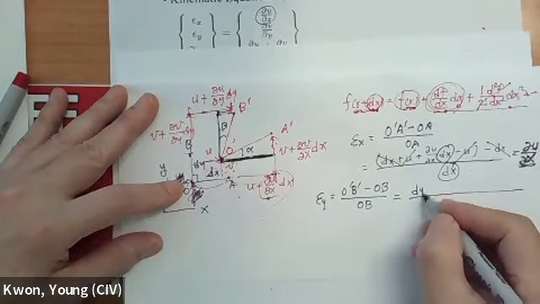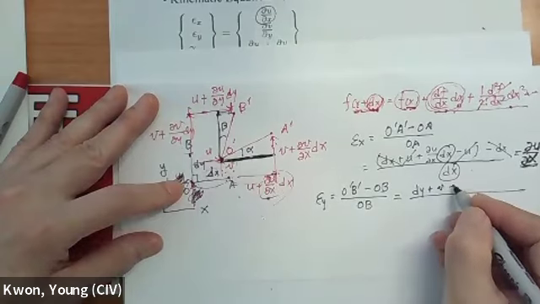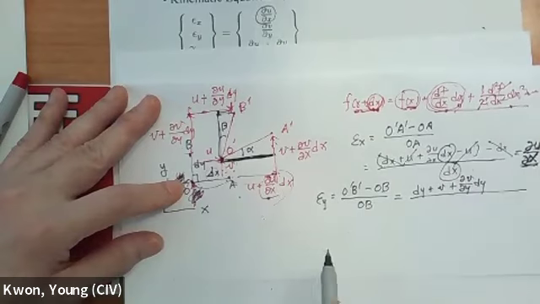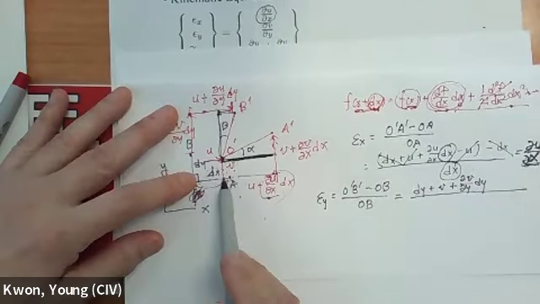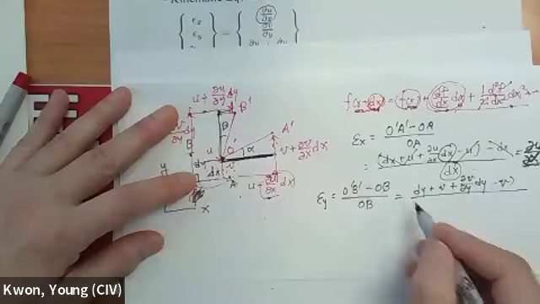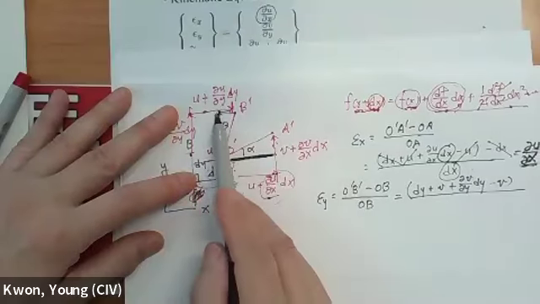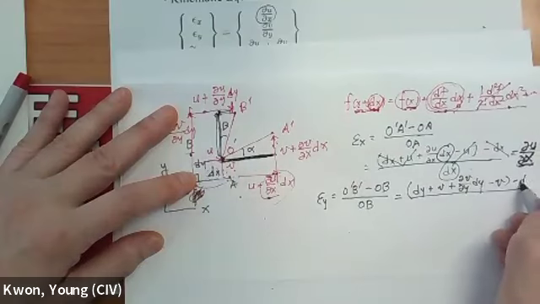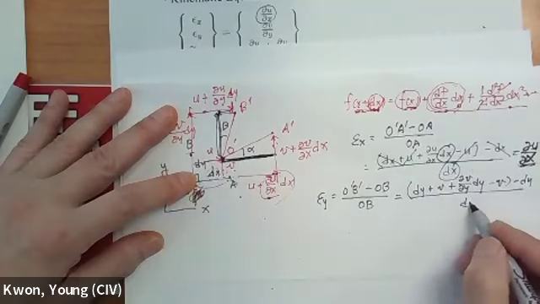So that's going to be, from here to here, dy plus this component: dy plus v plus dv/dy dy, and minus v. That's going to be this distance, and minus OB is going to be dy.